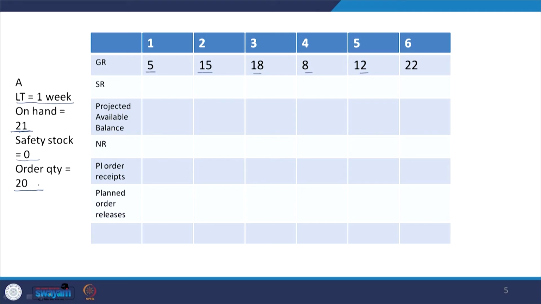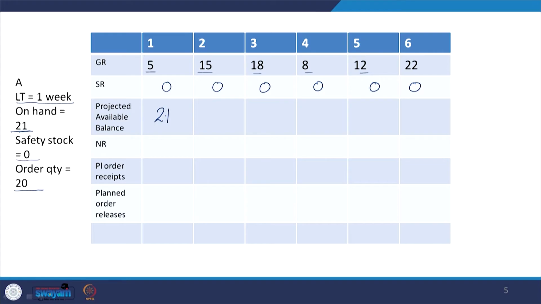Now, what does it mean? Scheduled receipts are 0, you do not have any order which is pending. So, the projected available balance is 21, on hand stock is 21.